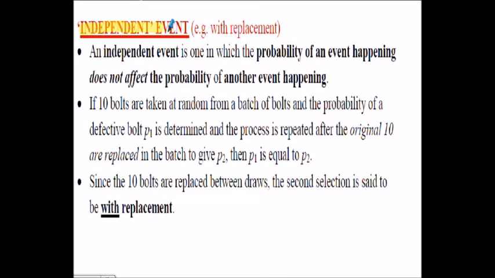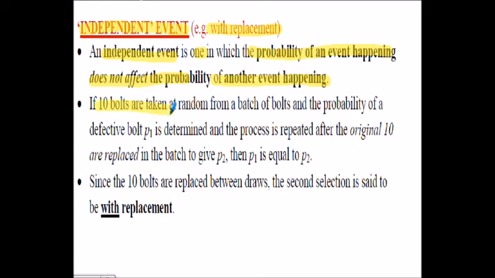Let's now define independent event, sometimes called a with replacement event. An independent event is one in which the probability of an event happening does not affect the probability of another event or subsequent event happening.